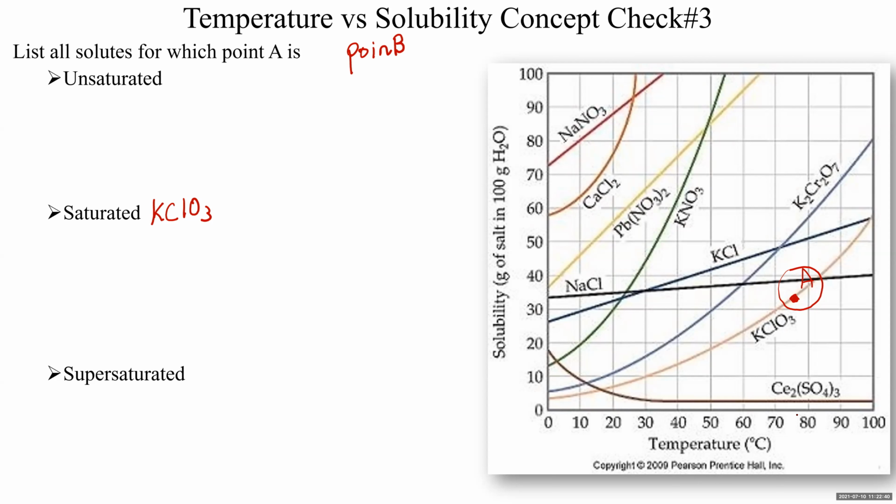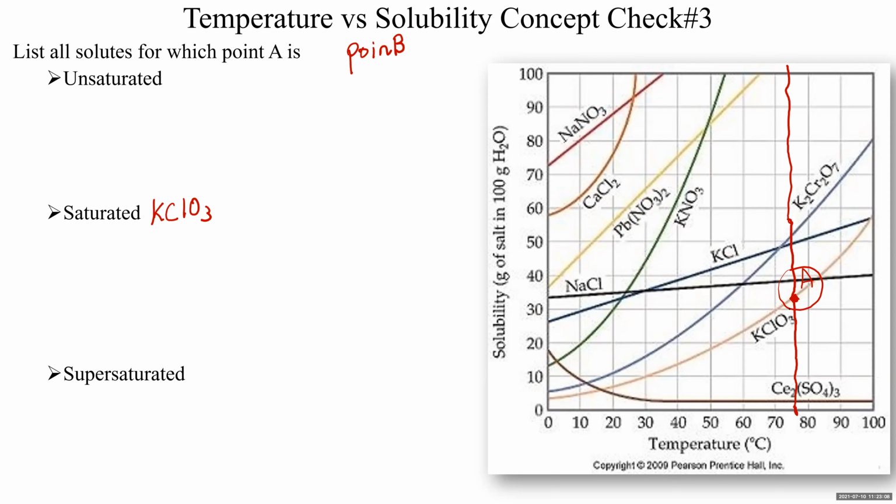If we draw a line at 75 degrees Celsius straight up, every graph that passes above A is going to be unsaturated. All those solutes are unsaturated at that concentration level.